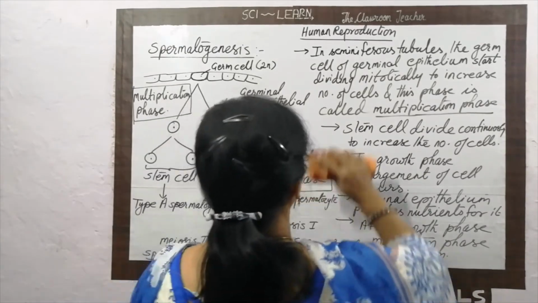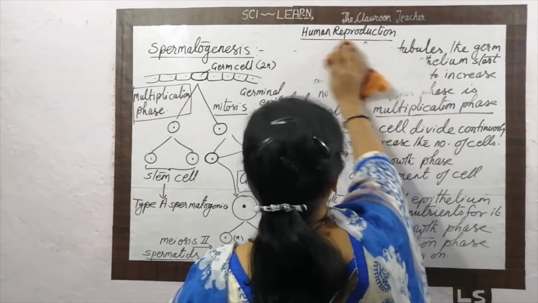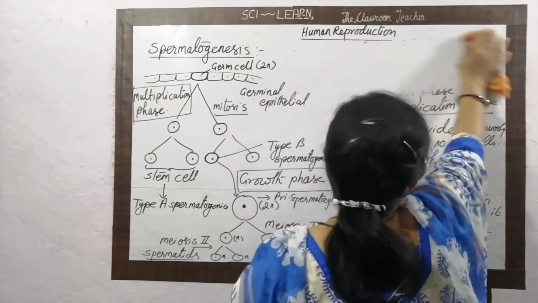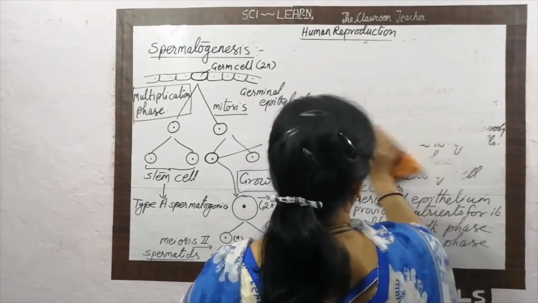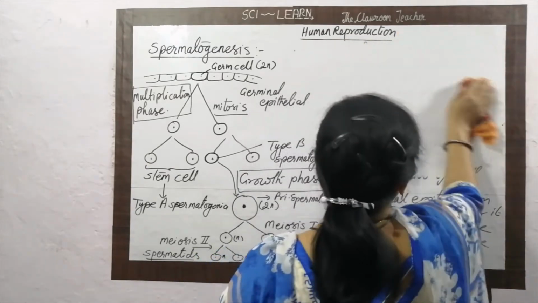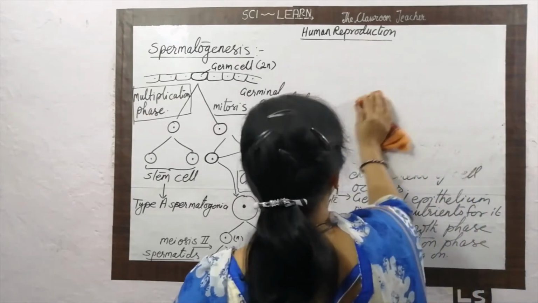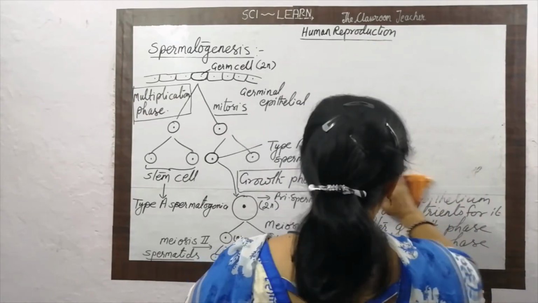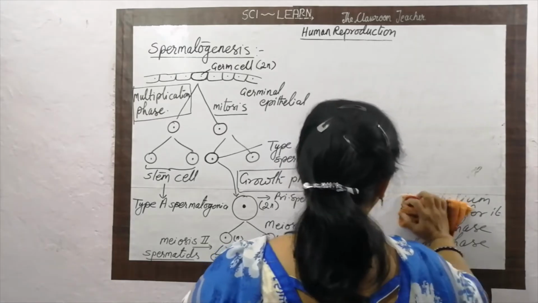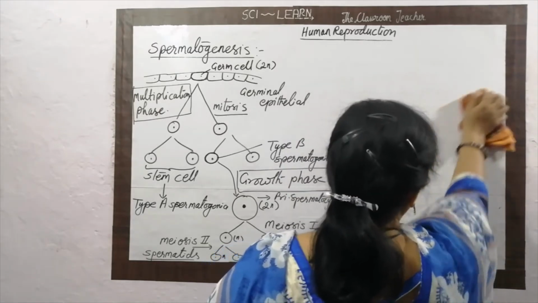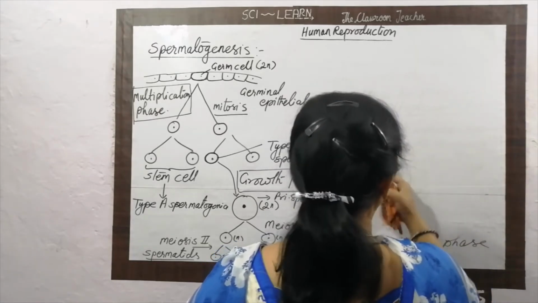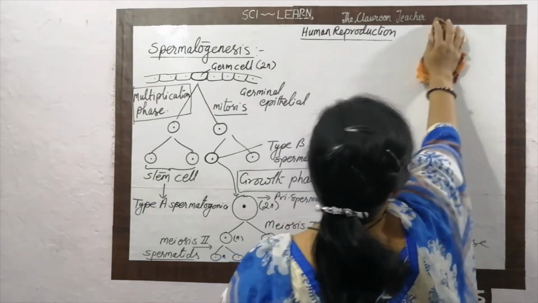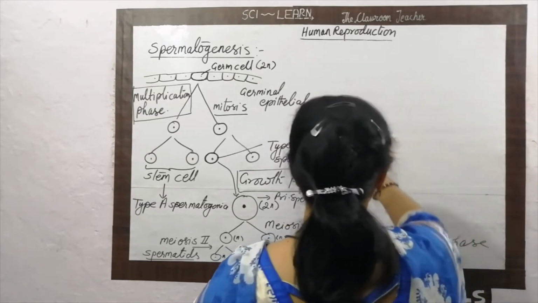In the maturation phase, the meiosis division is there, and meiosis is a reduction division. Because of this, the number of chromosomes gets halved, and that makes the cell haploid. Previously the cell was diploid, but now the cell is haploid in nature.